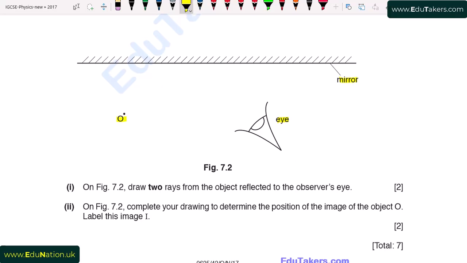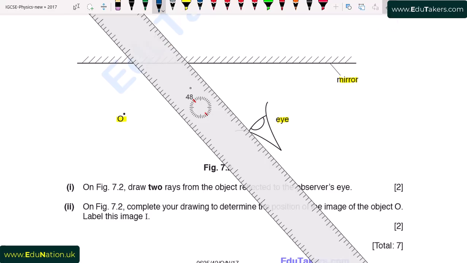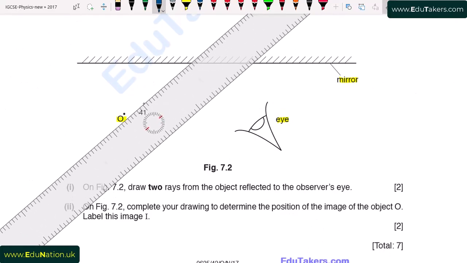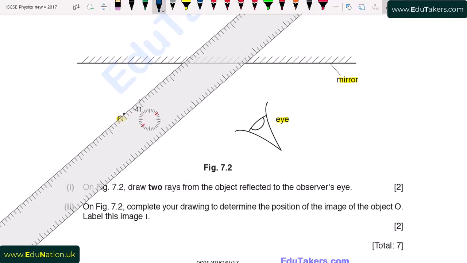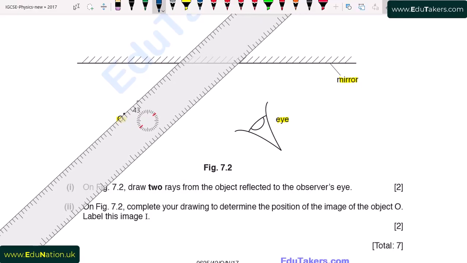Now I am going to draw the rays. The first ray starts from the object O. I use a ruler and it falls on the mirror like this. And after reflection by the mirror, it enters into the person's eye.